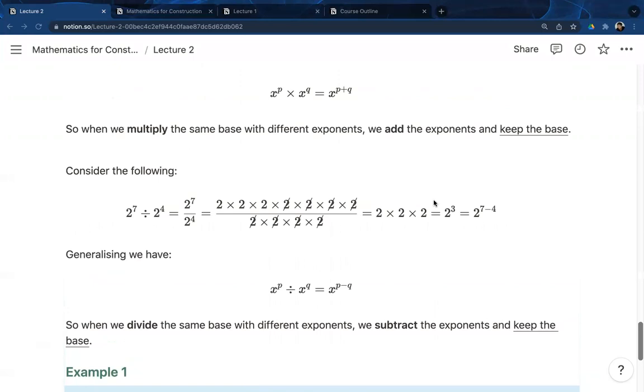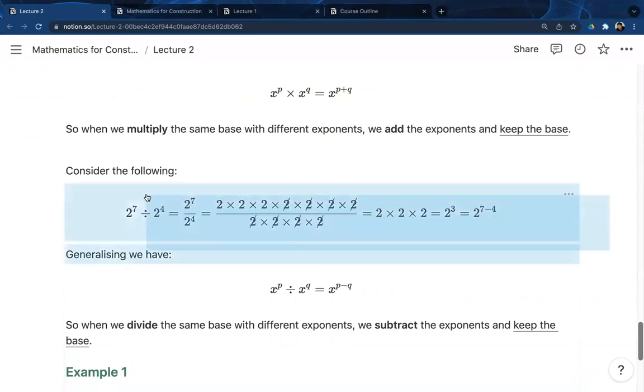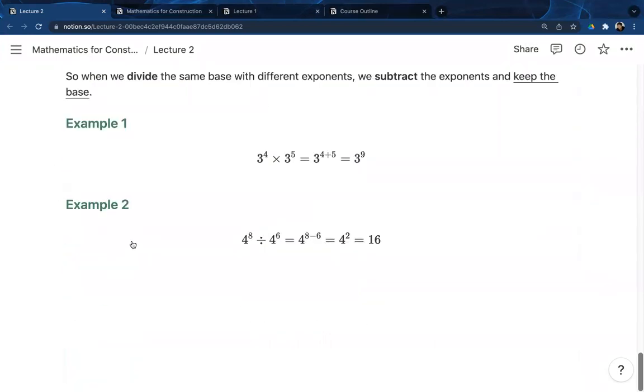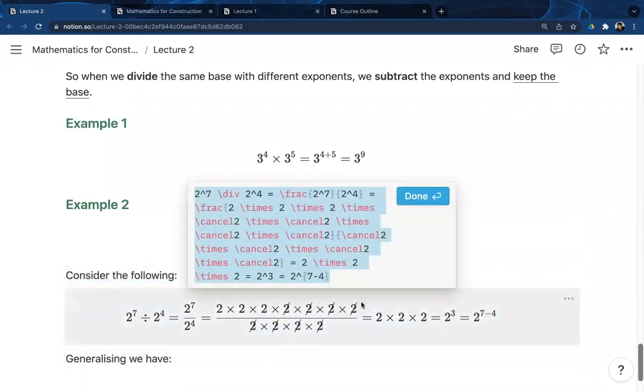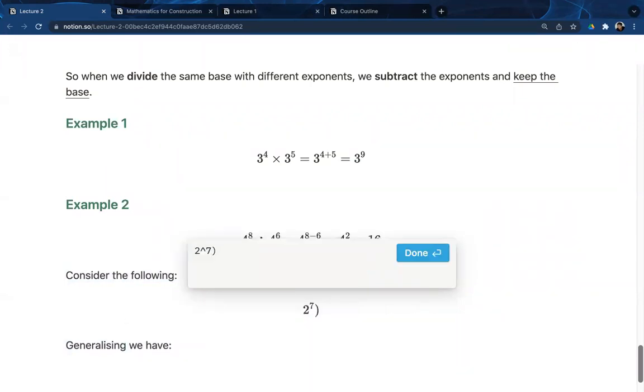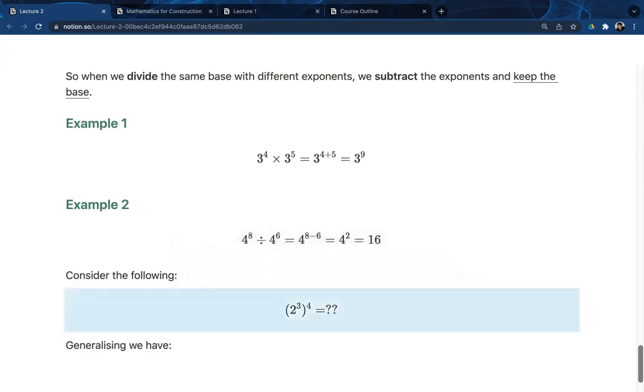So let's move on. Let's consider something else now. What if I have 2 to the power 3 all to the power 4, right?